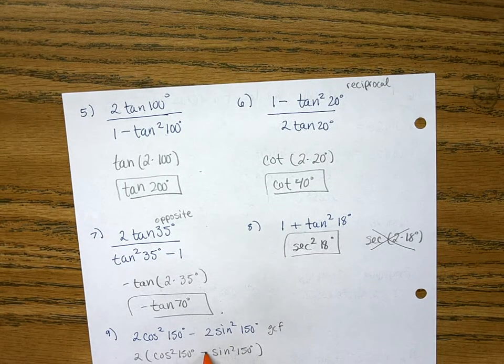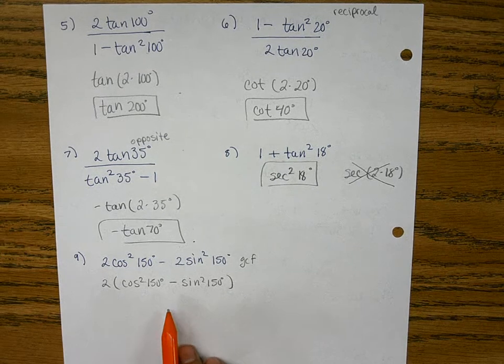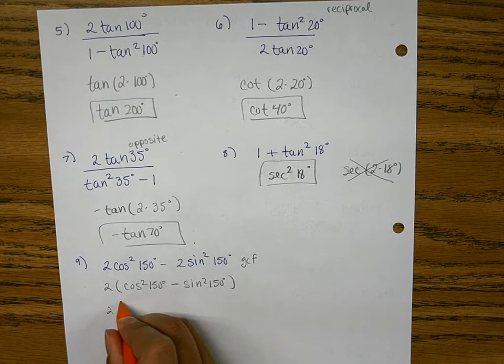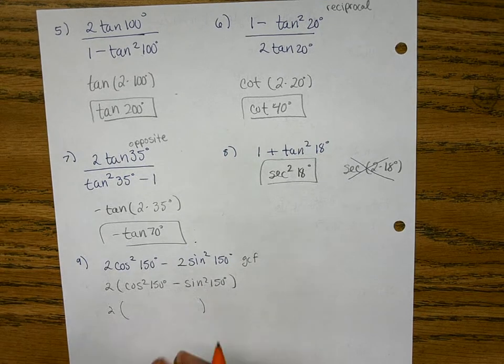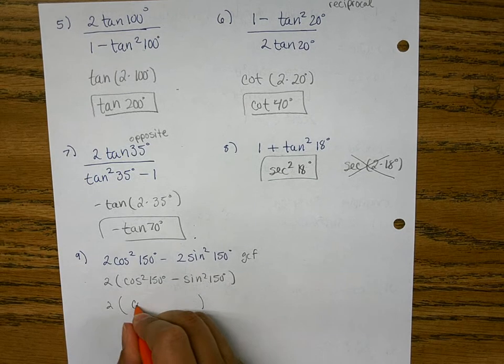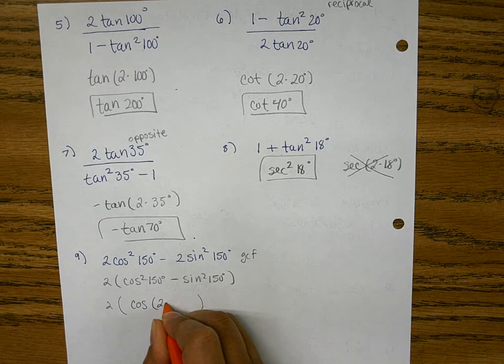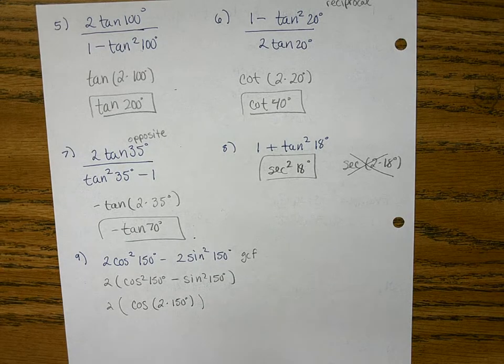Now, because it's the minus, is this the Pythagorean identity? No, it's not. This is the double angle identity, so that 2 still on the outside. And then when I change this, it condenses down to cosine of double the angle. Cosine of double 150 degrees.